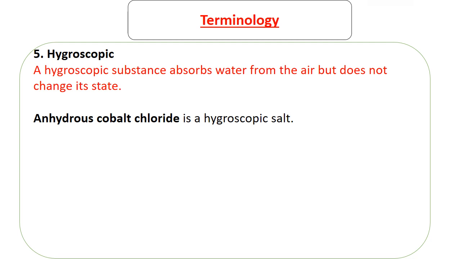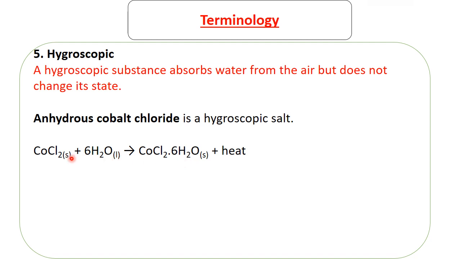A good example is anhydrous cobalt chloride. It of course doesn't have its water of crystallization, and it is in a solid state. If you take this anhydrous copper 2 chloride, which is of course copper chloride without water, then if there are 6 water molecules in the surrounding, it will absorb these water molecules, forming the hydrated copper chloride.